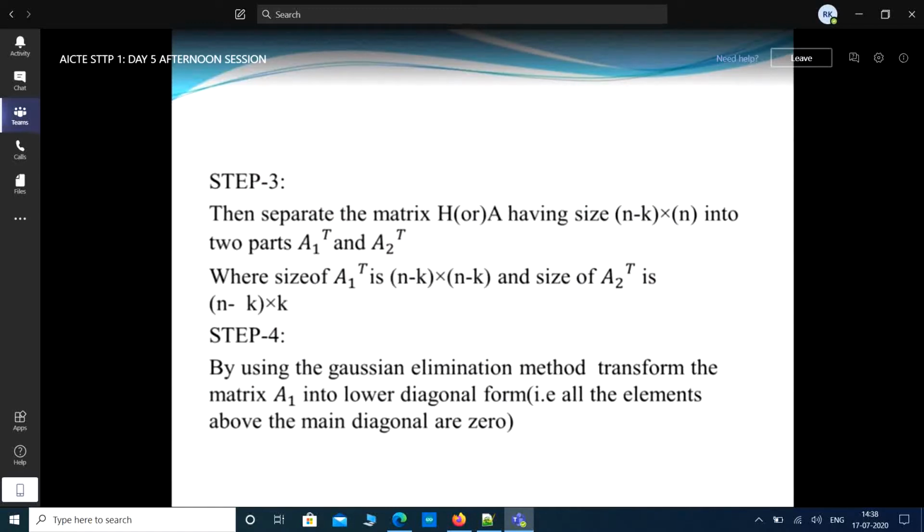And the third step is to separate. Suppose you know the parity check matrix. This parity check matrix is divided into 2 matrices.